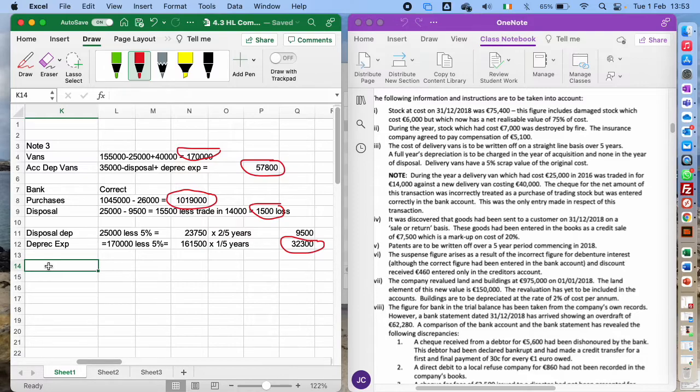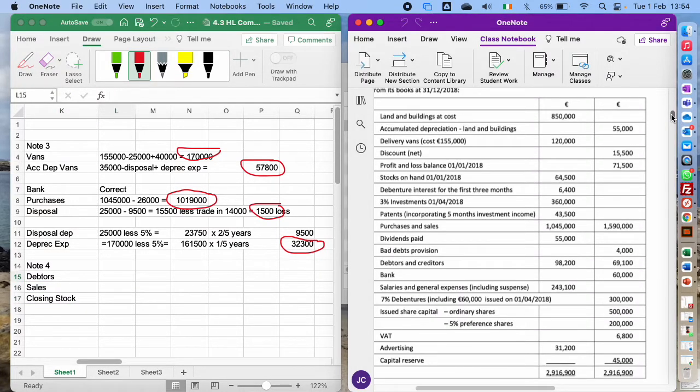So what I need to change here, so this is note 4, I'll need to change my debtors. I need to change my sales. And I'll need to include those goods now in my closing stock. So I'll go to my question, and I'm looking for my debtors figure. So debtors is 98.2.